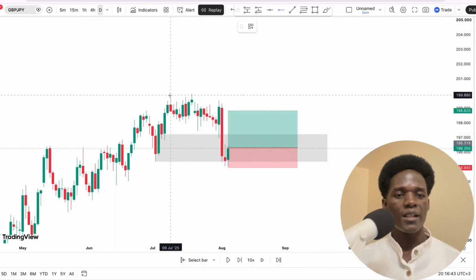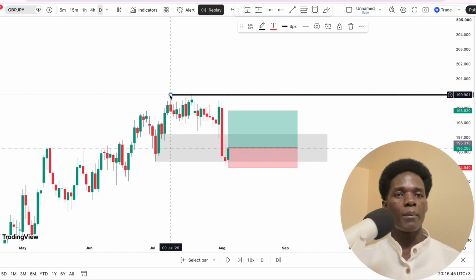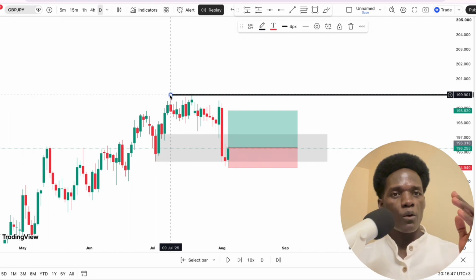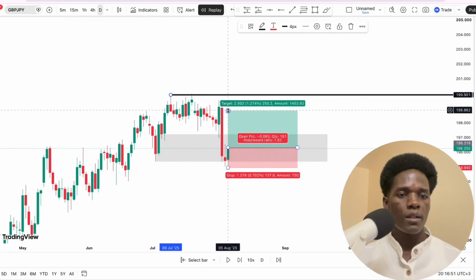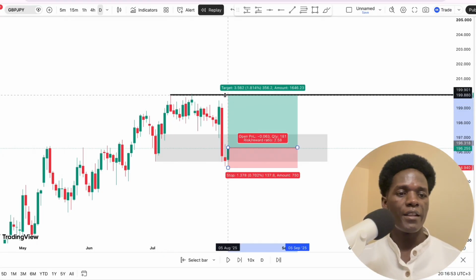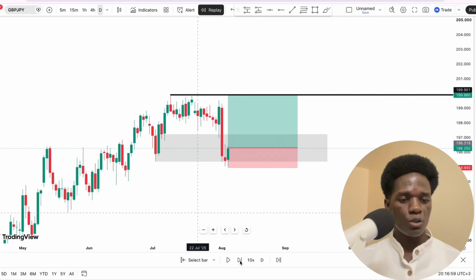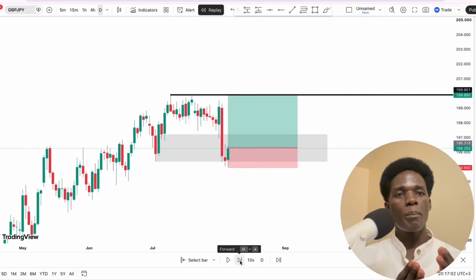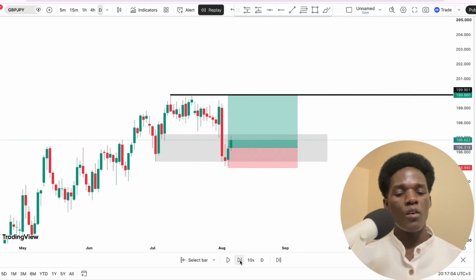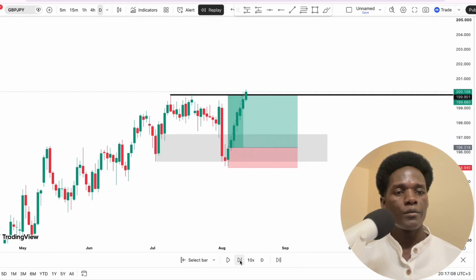Always the right place is here, because this is the recent higher high. That is a 1 to 2.62 risk to reward ratio trade. So you have to just be patient to wait for the price to hit your TP.